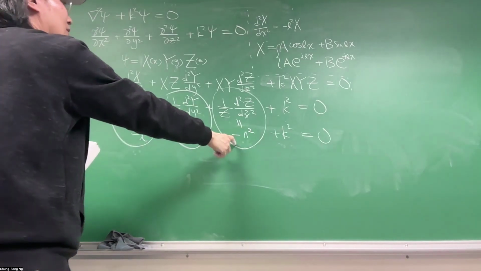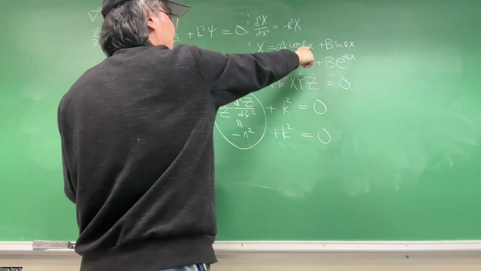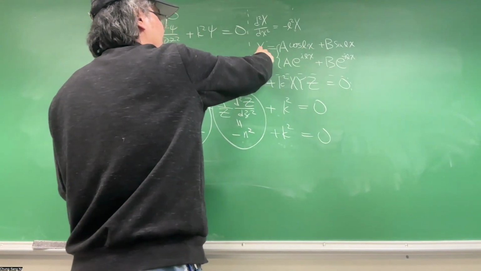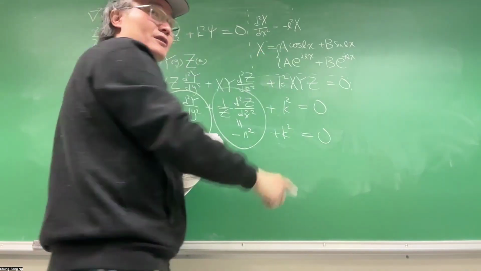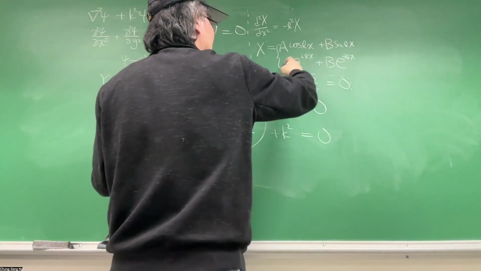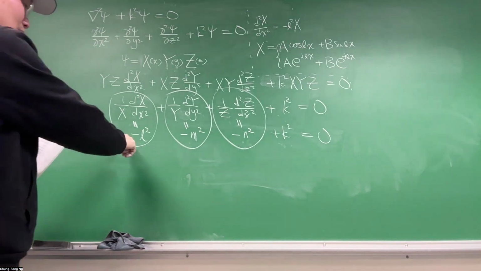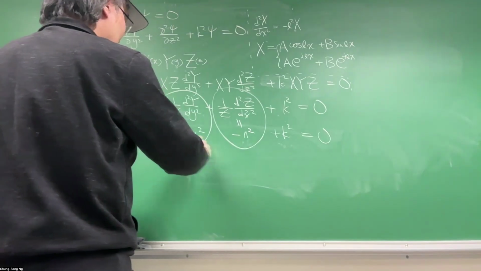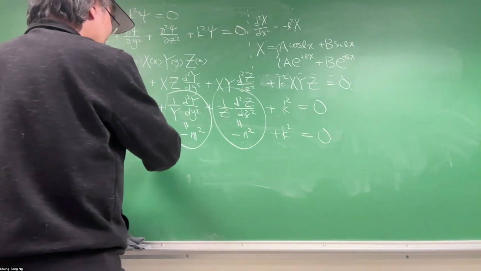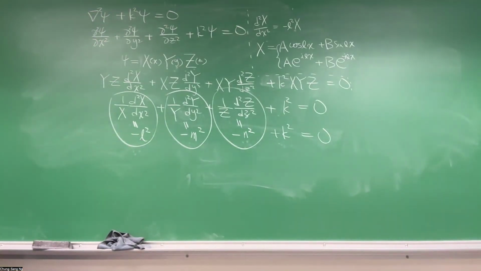The y equation and z equation are exactly of the same form, so all you need to do is change L to either m or n, with a general coefficient for each. Finally, you impose the condition k squared equals L squared plus m squared plus n squared, and that will be a general solution.